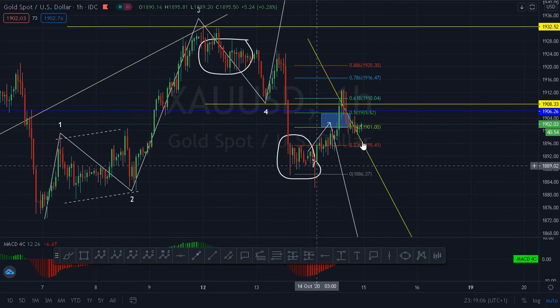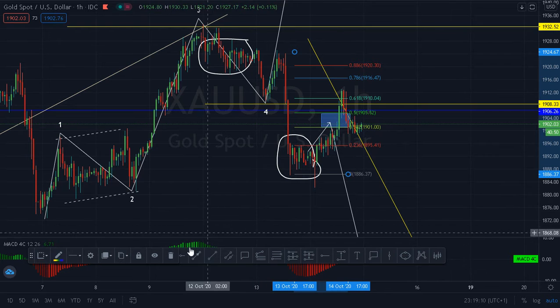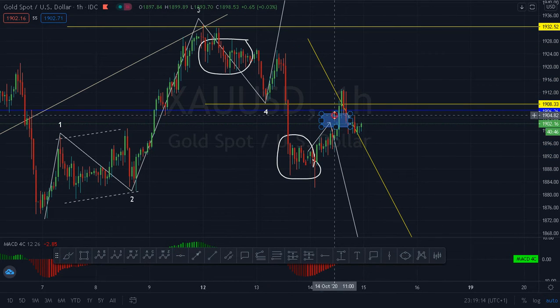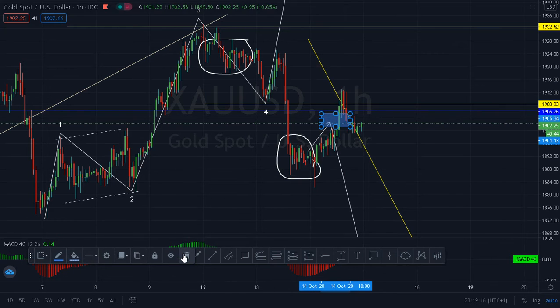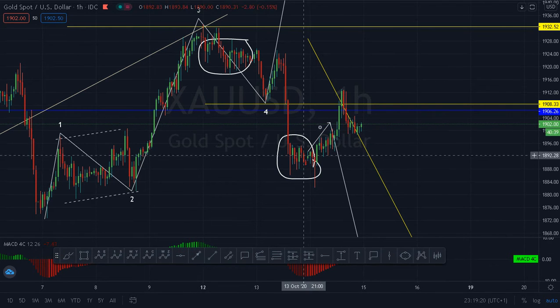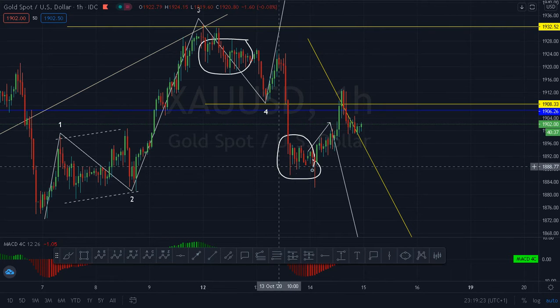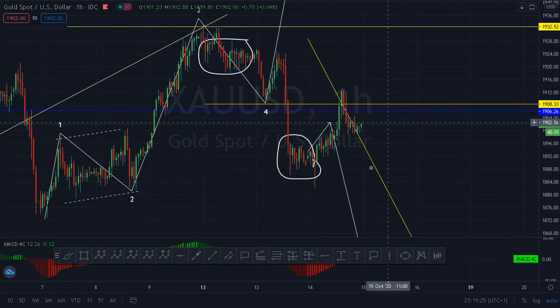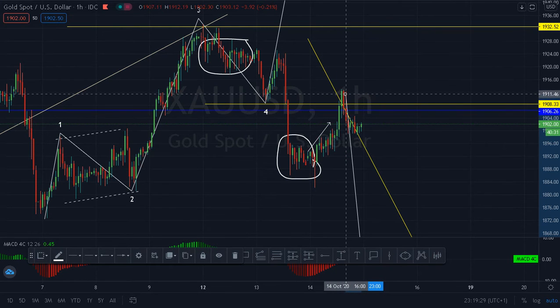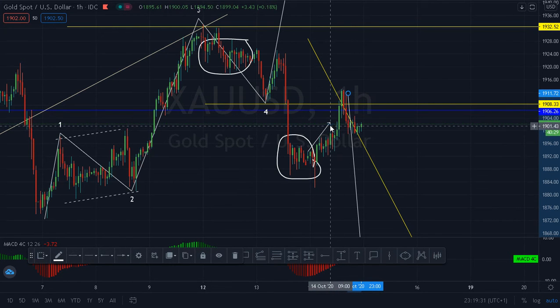Our focus was that price will likely reverse on this blue box, and you can see price took it and went deeper. We expected a pullback or a flag, but we got a very, very deep retracement.